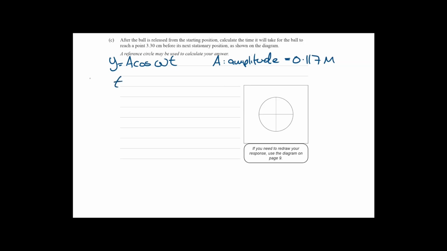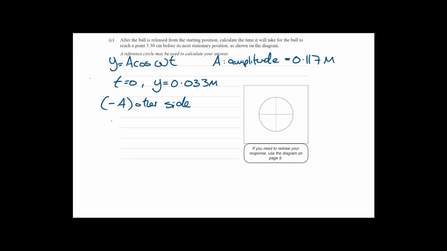So at time t equals 0, we know that y, which is just the displacement, is going to be 0.033. It's 3.3 centimeters, I think they gave it to us. We have to have it in meters. The next stationary point is on the other side of the circle, where the amplitude is at -1. That's the other side.